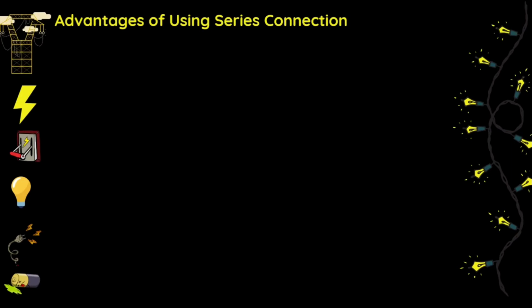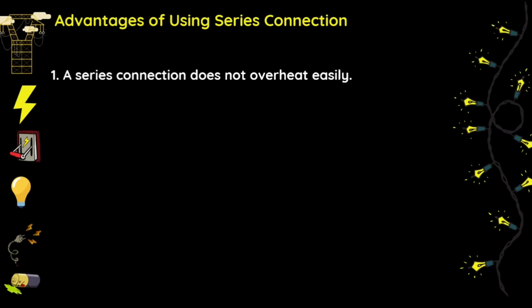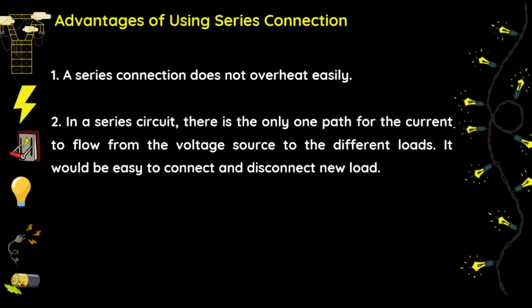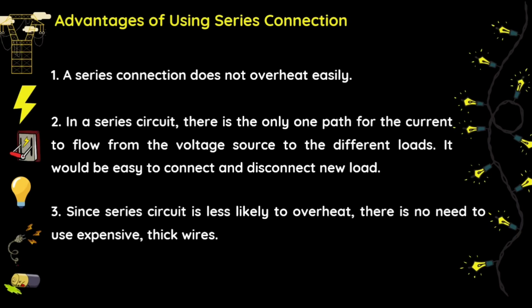Advantages of using series connection. Number 1. A series connection does not overheat easily. Number 2. In a series circuit, there is only one path for the current to flow from the voltage source to the different loads. It would be easy to connect and disconnect a new load. Number 3.